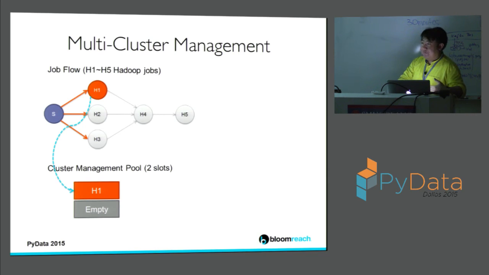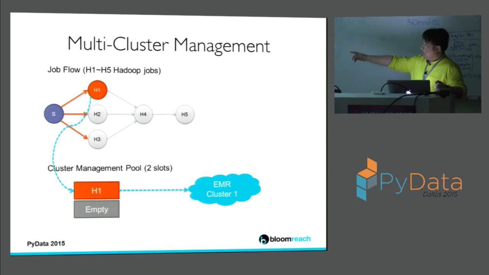This slot figures out that there is no current cluster associated with it. So it talks to Amazon EMR through the Boto library and creates this cluster for you. You don't have to handle this ugly Boto API, and it just gets created. So now H1 starts to execute on the EMR cluster.